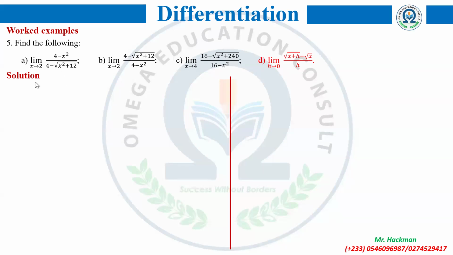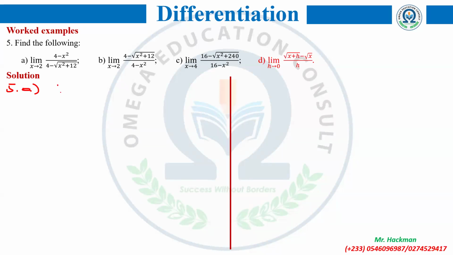After reading the question, you check if you can underline any salient parts. Here, no. So we now go and write solution, then write the question number, which is question number 5, and we are looking at solution to minor question number A. We leave a little space to put the therefore in case we want to.